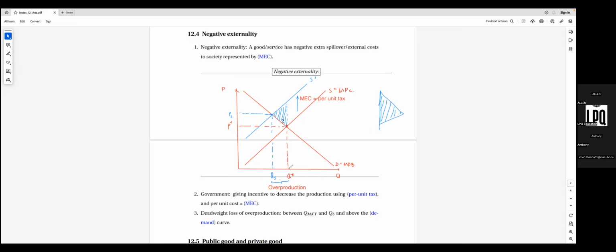Because this time a higher level of Q star is actually a bad thing. And we finish this level here. So the second supply curve, the supply prime, equals MPC plus MEC; you just add up these two things together. This one is called the marginal social cost.